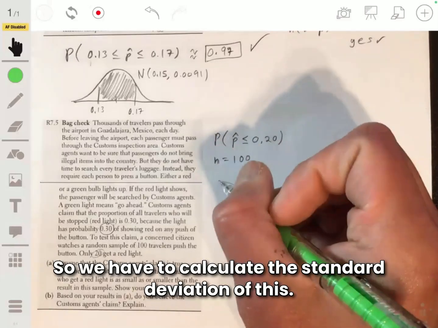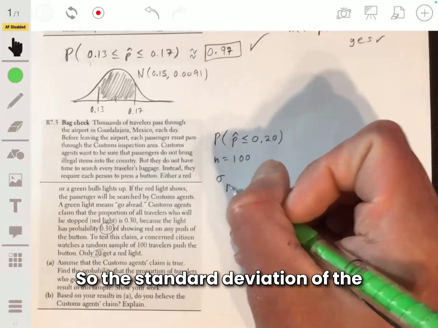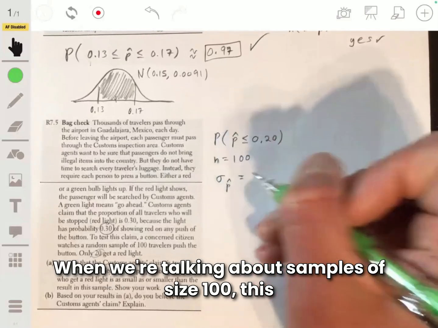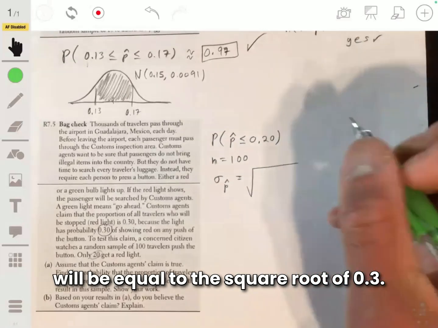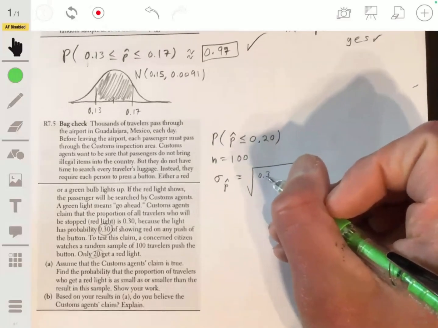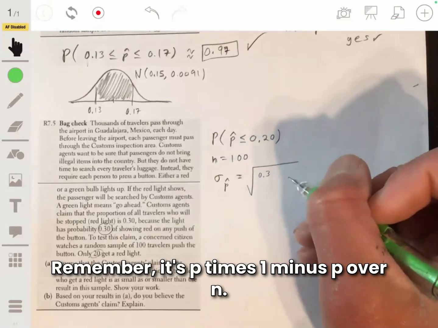So we have to calculate the standard deviation of this. The standard deviation of the sampling distribution of p hat, when we're talking about samples of size 100, will be equal to the square root of p times 1 minus p over n.